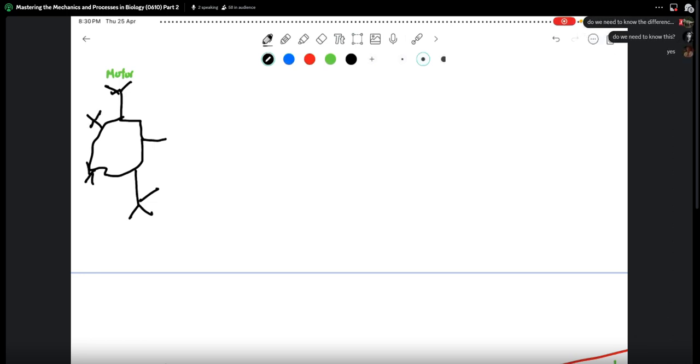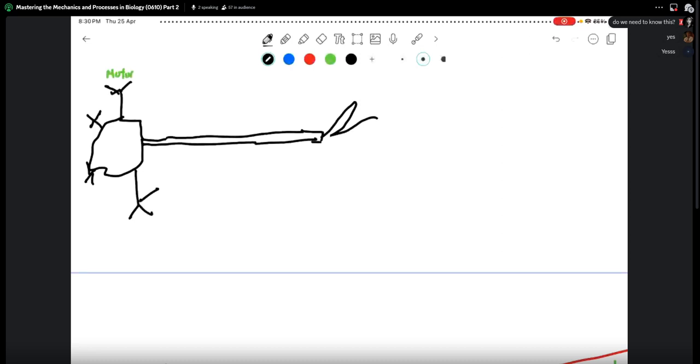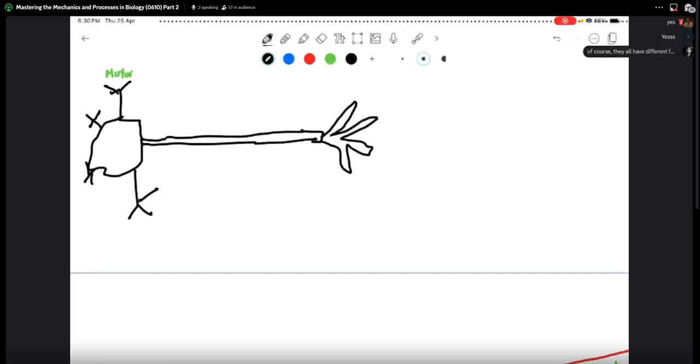It looks like branches, and then it has a nucleus here. This is a motor neuron.